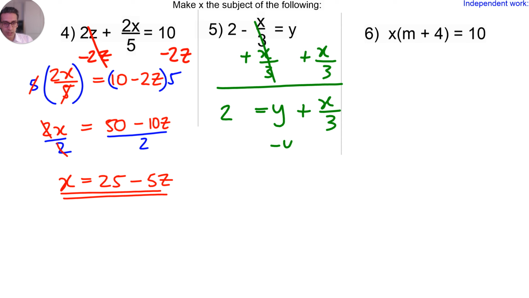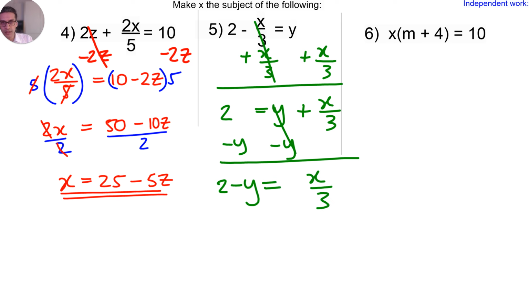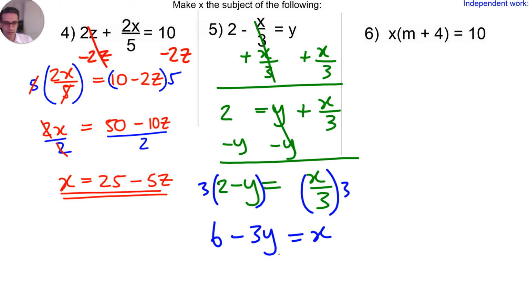I'm then going to take away y from both sides. So this becomes 2 minus y, that's a 0 pair, is equal to x over 3. And then I'm going to multiply both sides by 3. So 6 minus 3y equals x. And that's my final answer because the 3's cancel out.